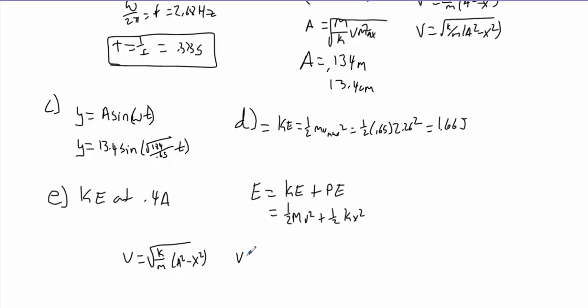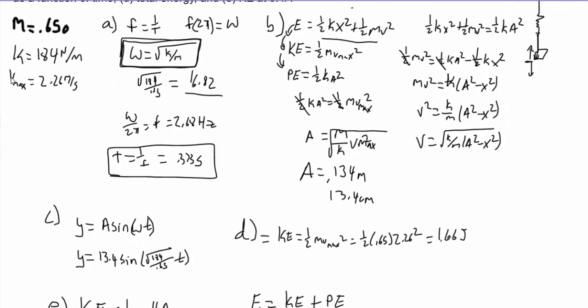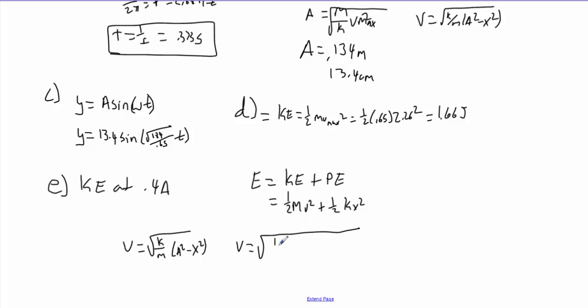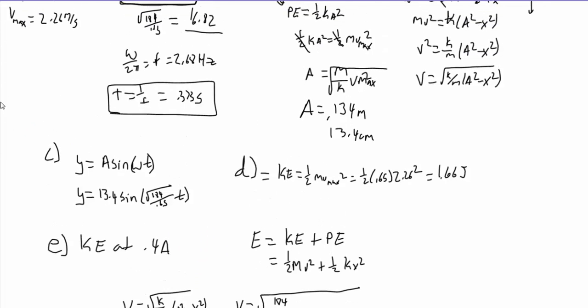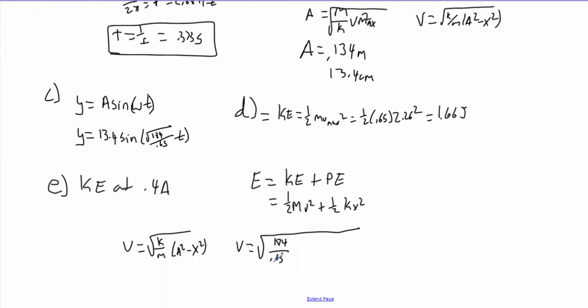So the velocity is equal to the square root of k, which I know to be 184, over m, which is 0.65, right? Got to double check that. 0.65 times A squared, and A we calculated up above to be 0.134, squared minus x squared.